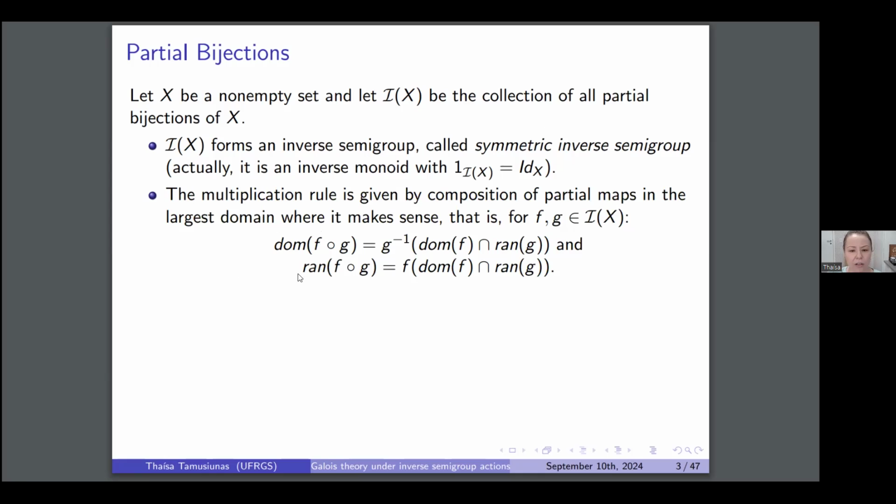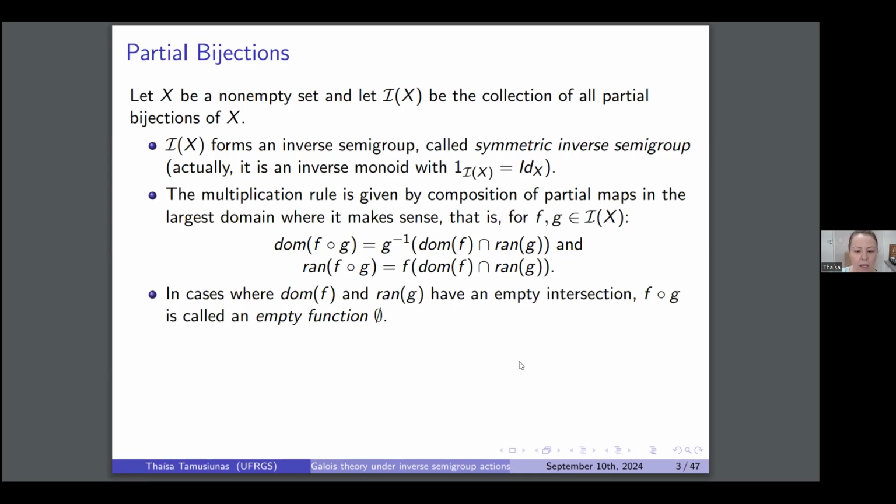The multiplication rule in this case is given by a composition where it makes sense, in the sense that it occurs in the largest domain where it makes sense. In cases where the domain and the range of the maps have empty intersection, then we call this composition an empty function.